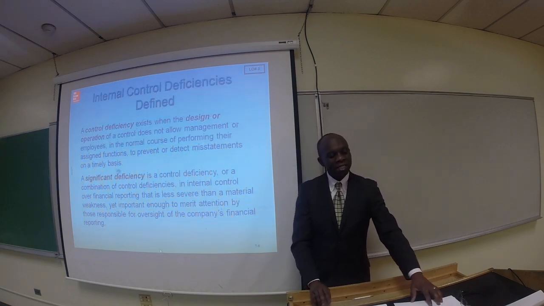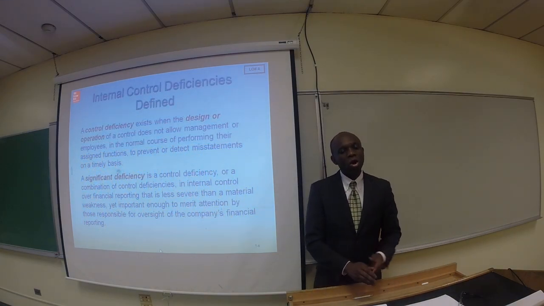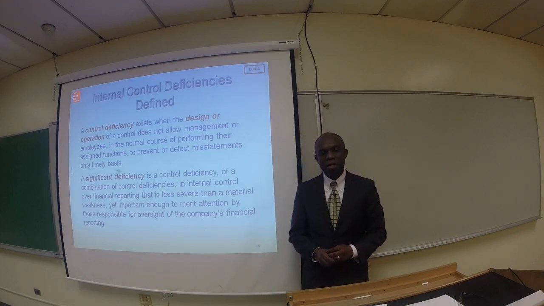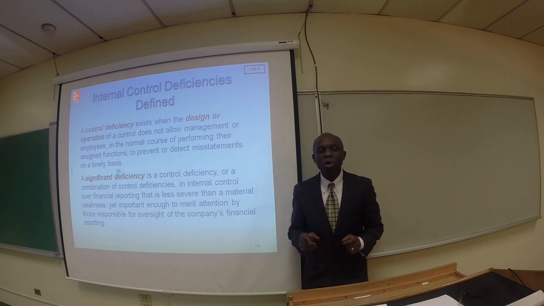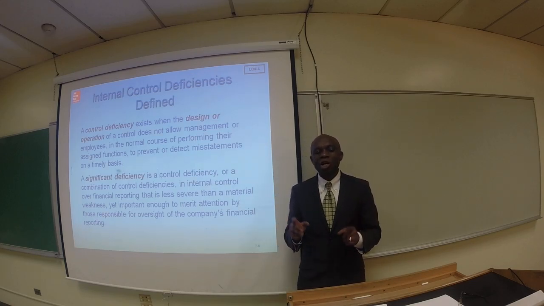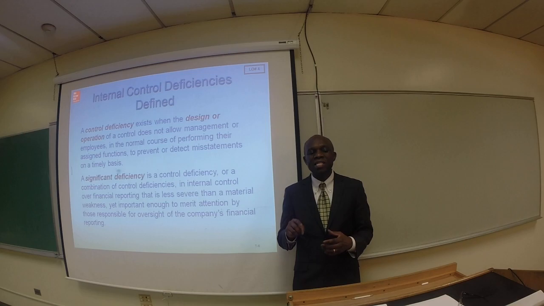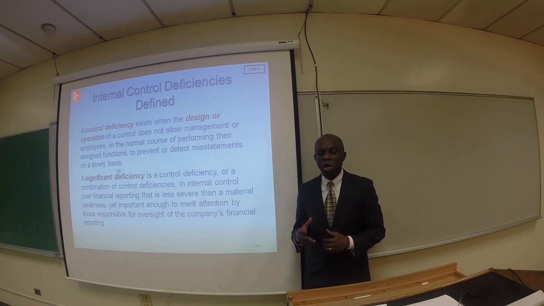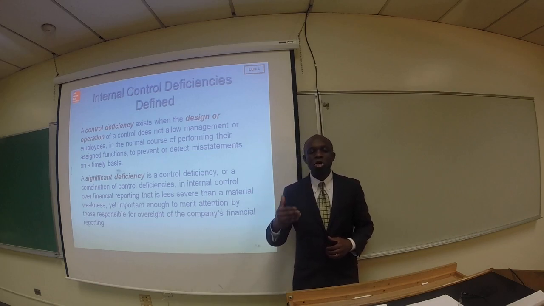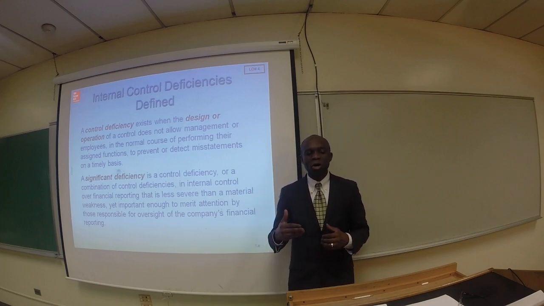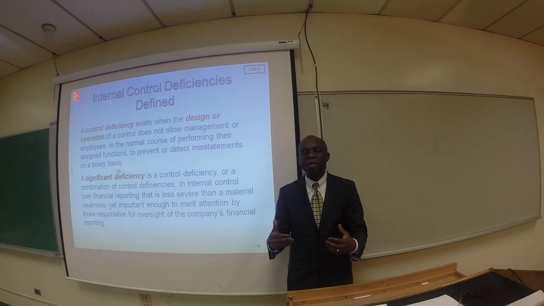Now, let's take a look at internal control deficiencies defined further. We have what we call a control deficiency. We said that a control deficiency exists when the design or operation of a control does not allow management or employees, in the normal course of performing their assigned functions, to prevent or detect misstatements in a timely manner. What do we mean by that?